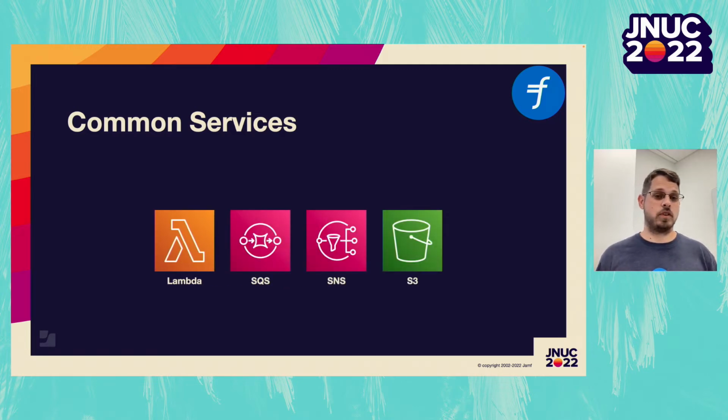S3 gives us a place to store the code. SQS and SNS are services that we can use to communicate between Lambda and other services. They're messaging protocols. SQS is a queue, and it ensures the messages are handled, whereas SNS is a notification, or put another way, messaging via UDP.